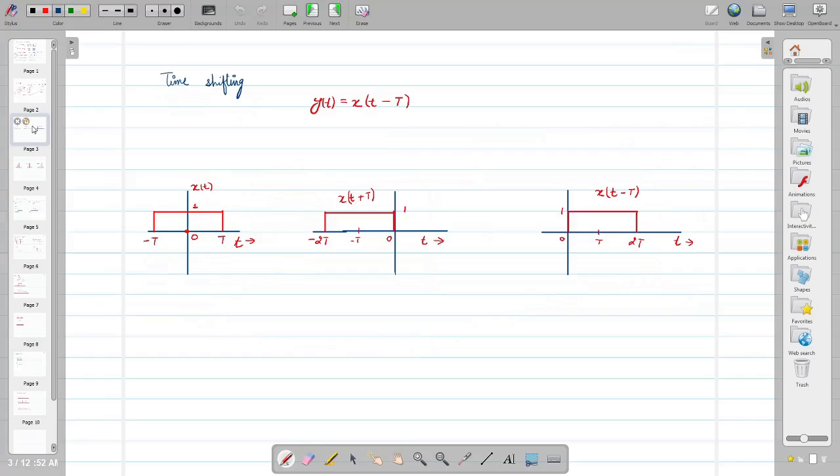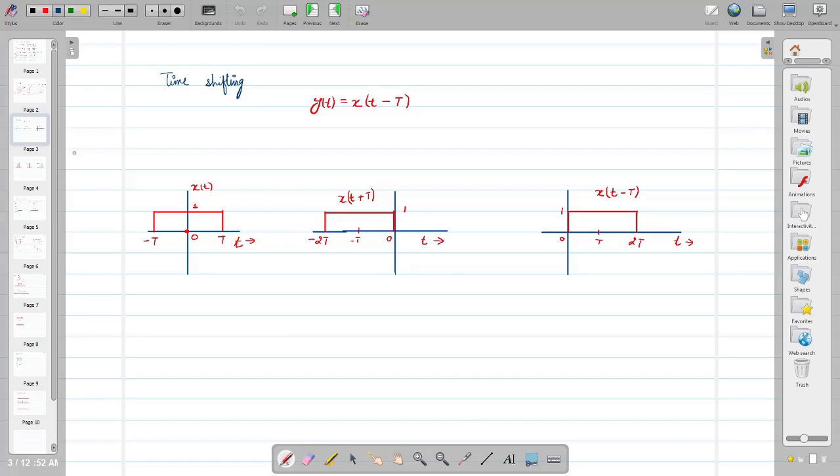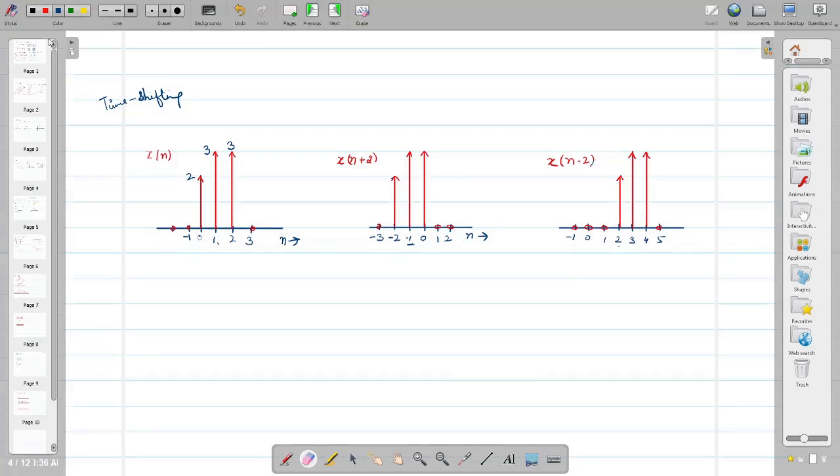Another concept here is time shifting in the case of a discrete signal. We have to understand time shifting in the discrete domain also.